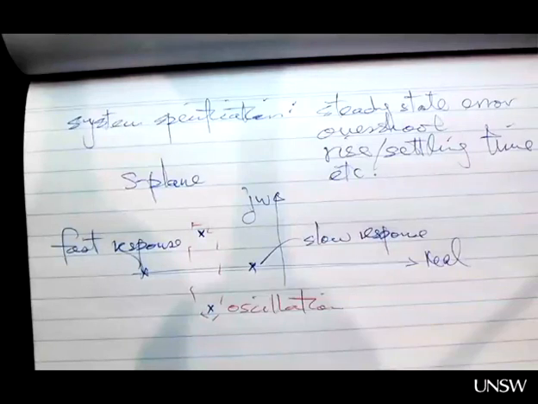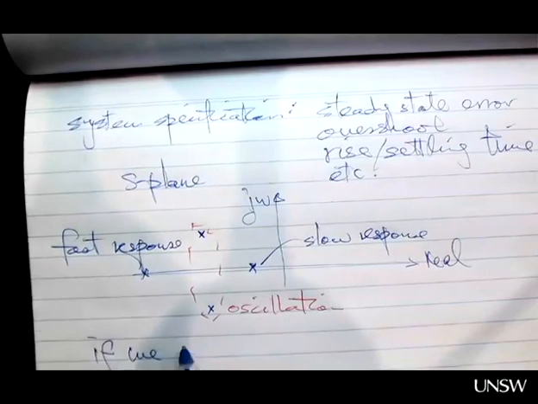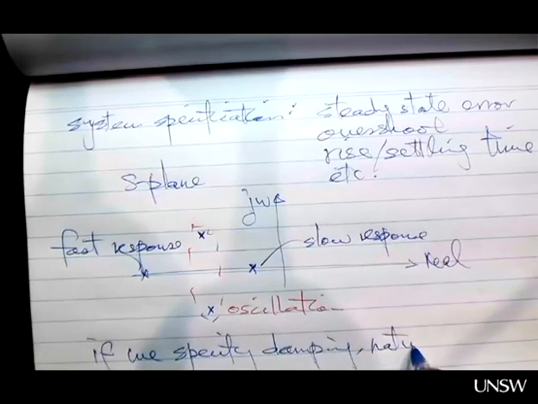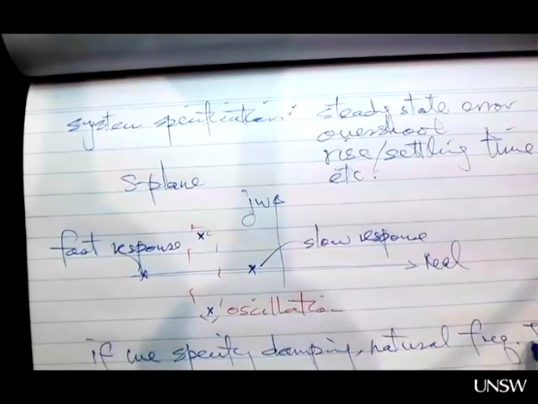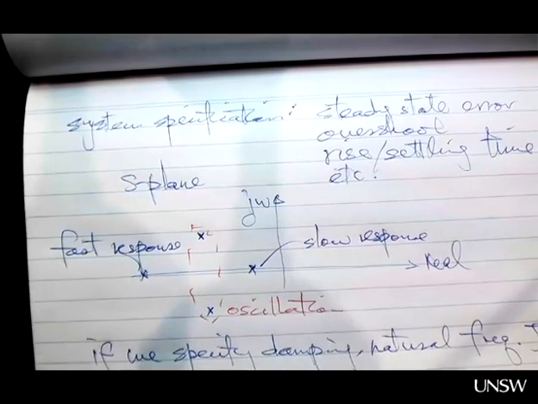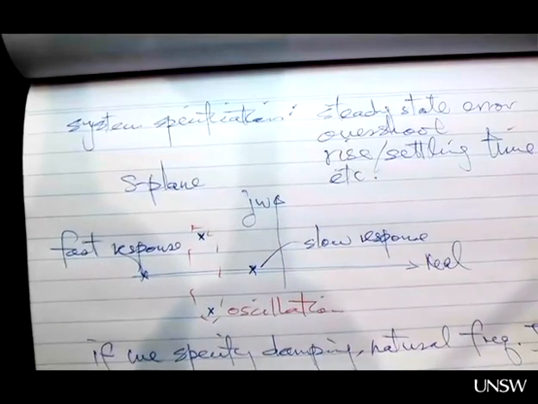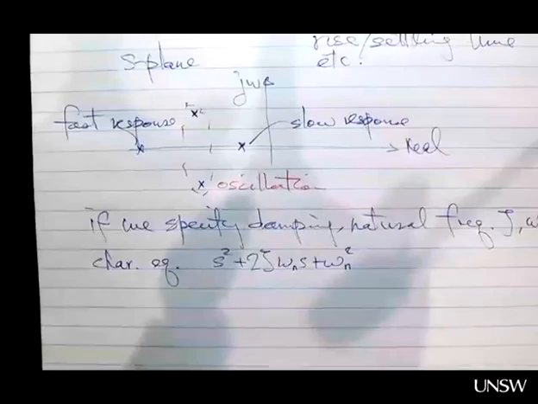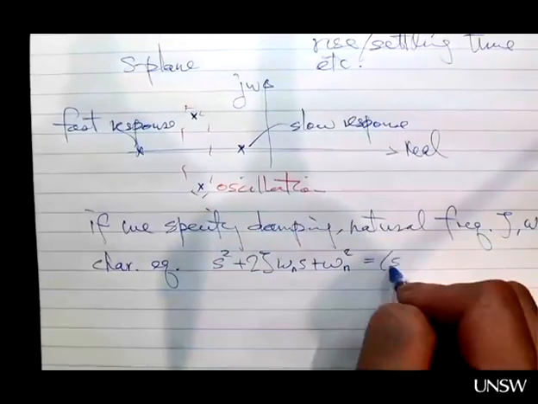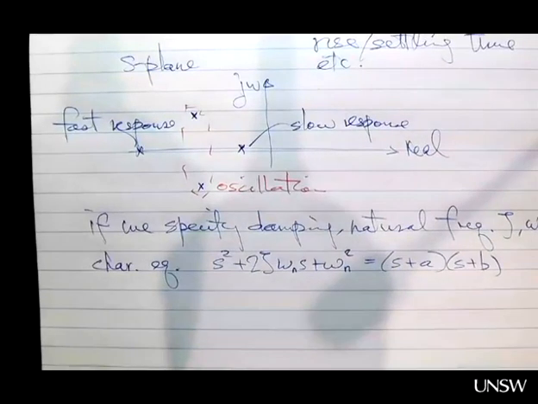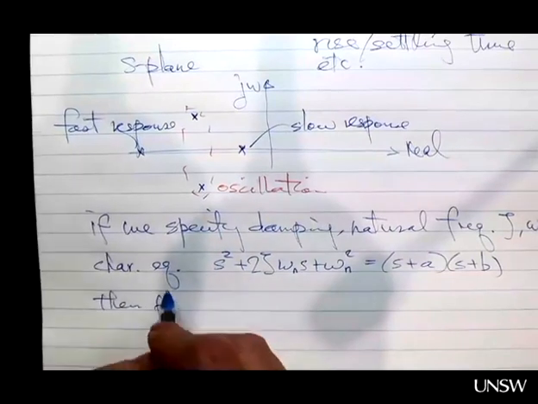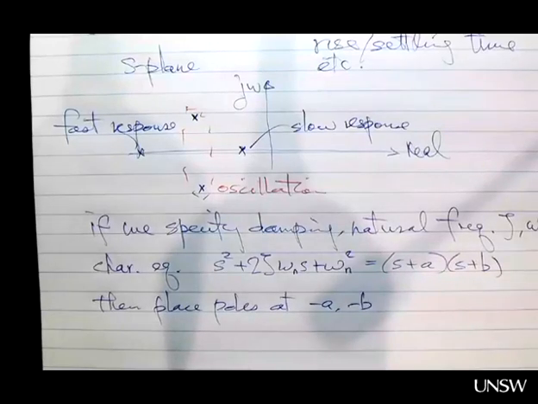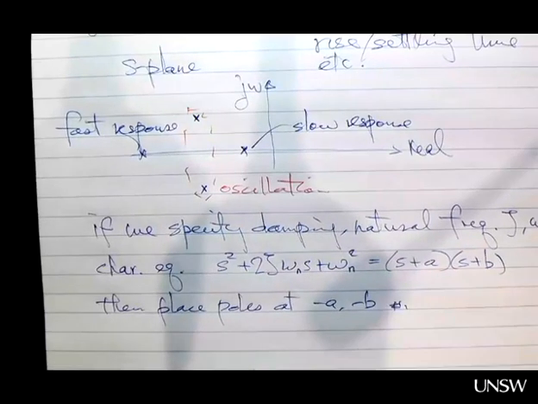And then if we specify our damping and the natural frequency, that is our theta and omega n, the characteristic equation becomes, and then we can factorize S plus A and then S plus B. Then place poles at minus A and then minus B. Agree with that?